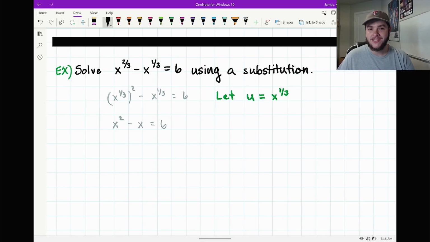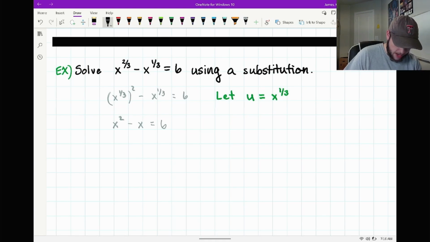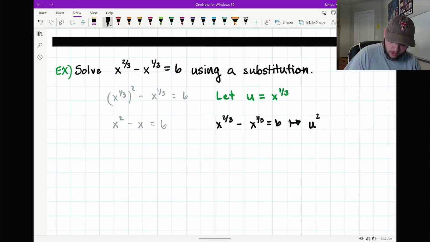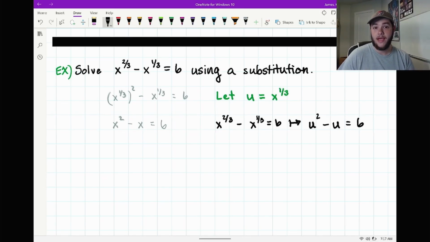Then, everywhere I see an x to the 1/3 in my problem, I can write u instead. So, now I can write that x to the 2/3 minus x to the 1/3 equals 6 becomes u squared minus u equals 6. And that's the problem that we know how to solve.